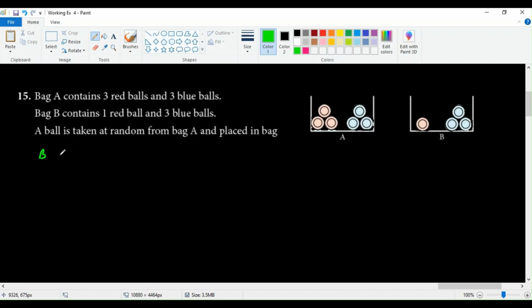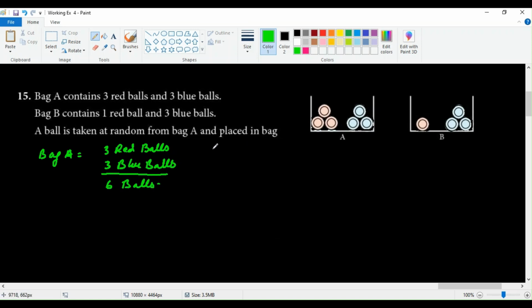First, we go for bag A. In bag A, we have three red balls and we have three blue balls. So altogether, we have six balls here.